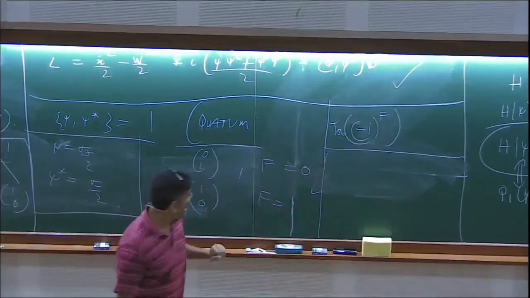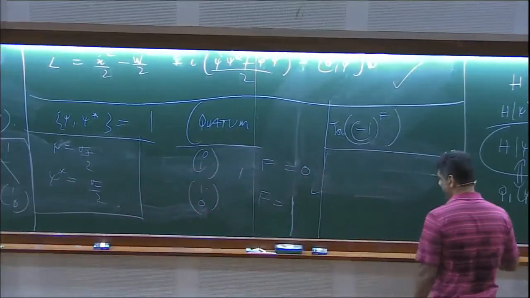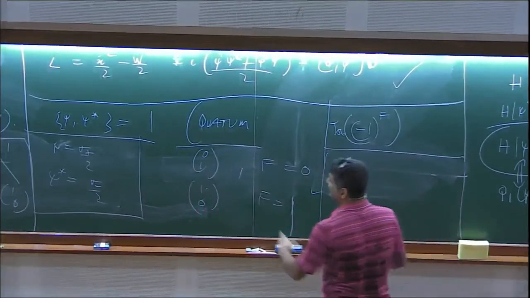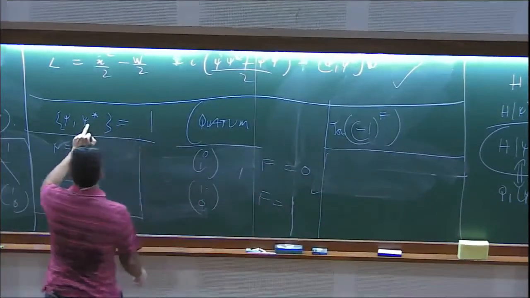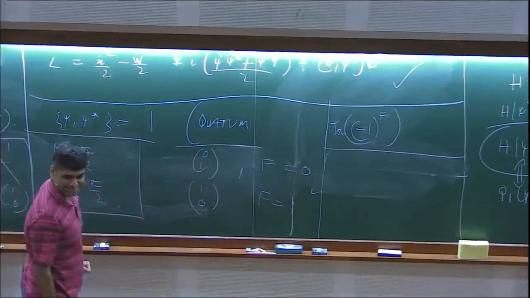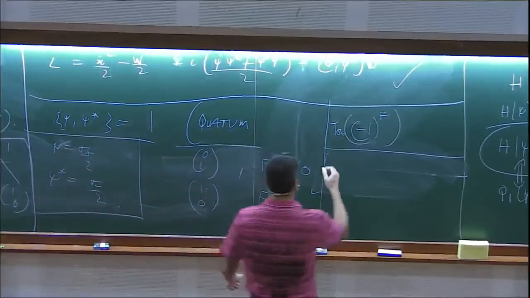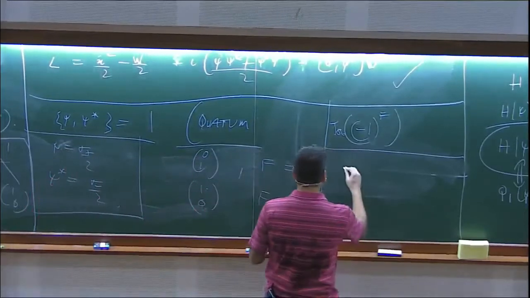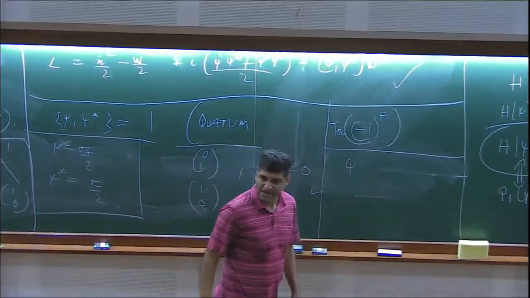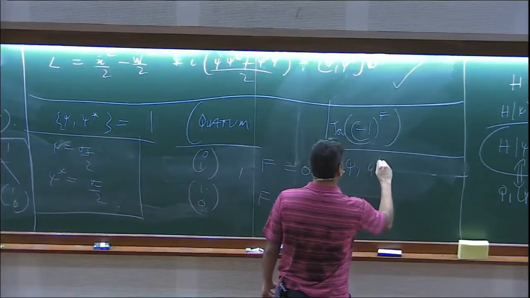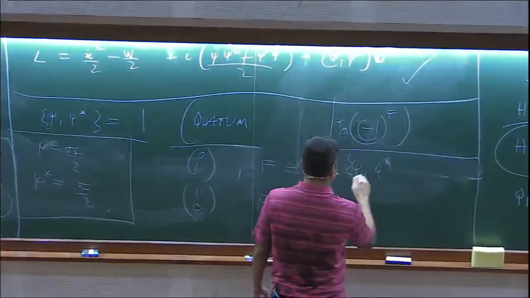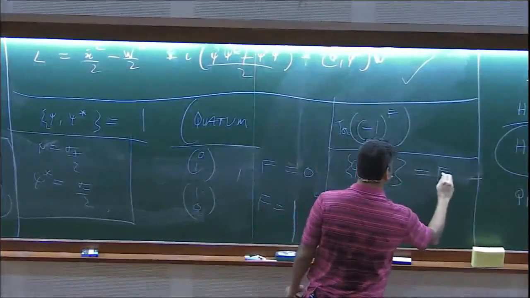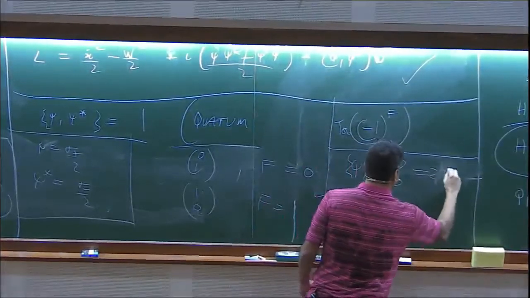Let's look at the representations of the algebra. Sorry, let's look at our supersymmetry algebra. We have q q star is equal to 2 times the Hamiltonian.